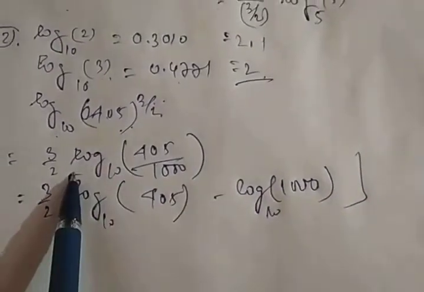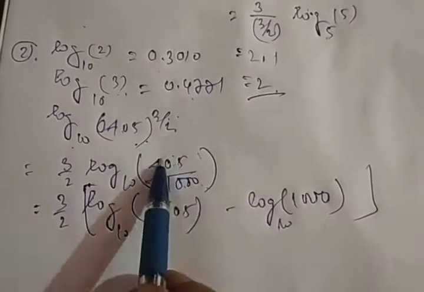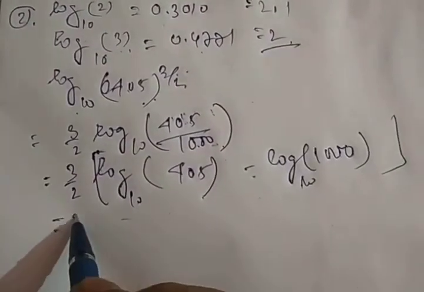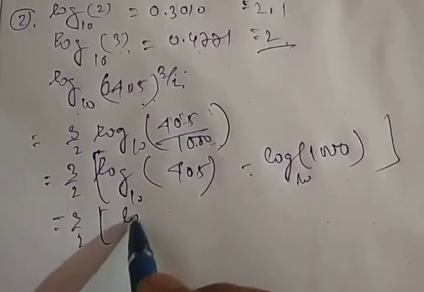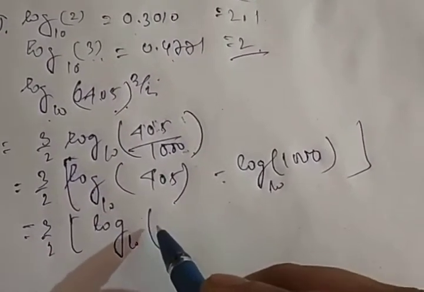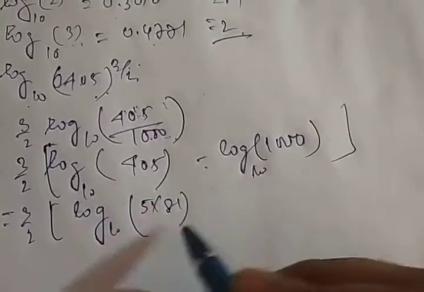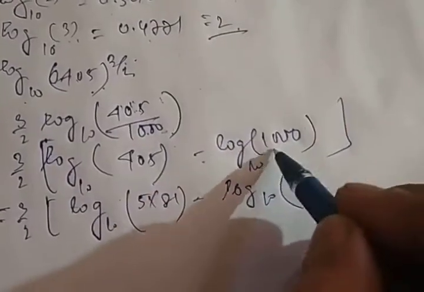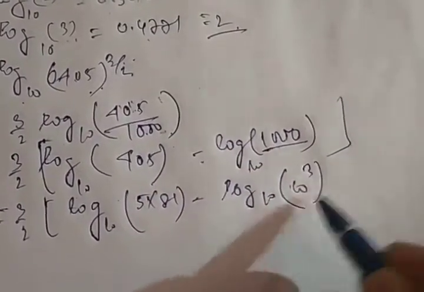Okay, and this is also m by n form, so log m minus log n equals to 3/2 log 10, now 405 can be written as 5 into 81, minus log 10 of 1000, 1000 can be written as 10 cube.